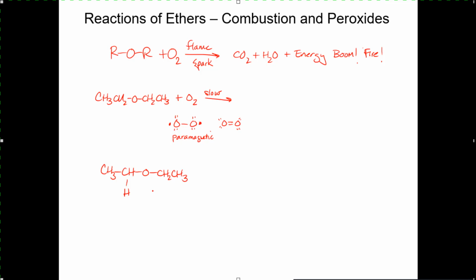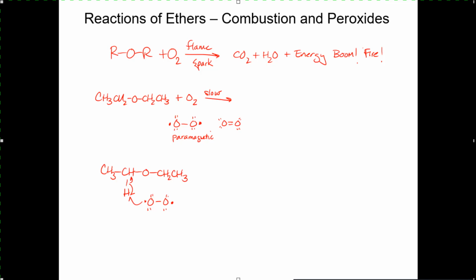And that oxygen, in its paramagnetic form, will basically abstract the hydrogen. So we'll break this CH bond, we'll give the hydrogen its unpaired electron to pair up with the oxygen's unpaired electron. We'll give the carbon an unpaired electron.